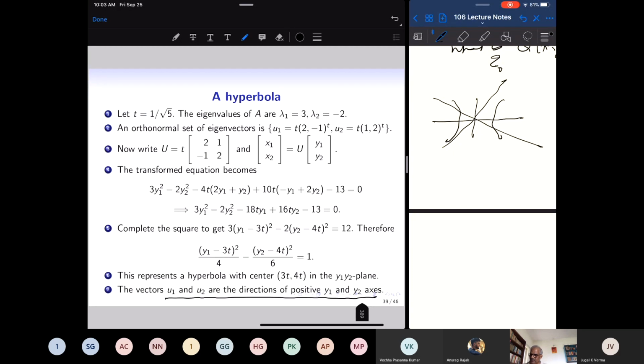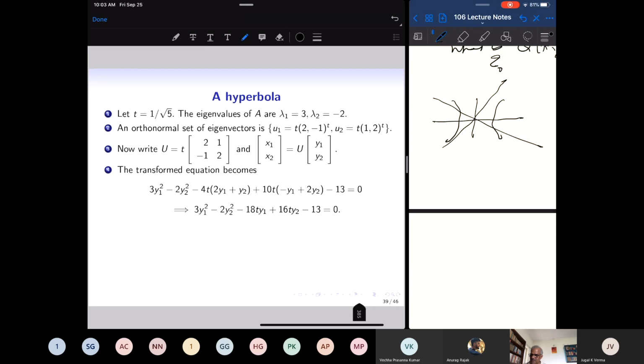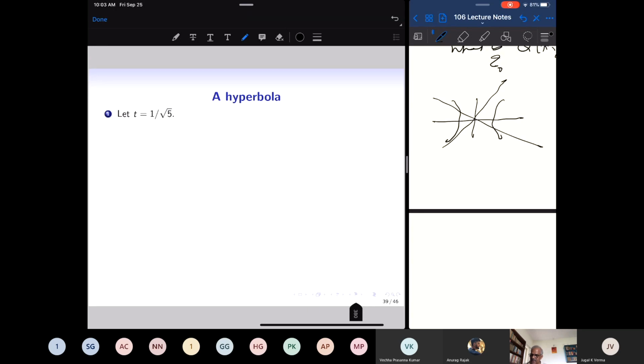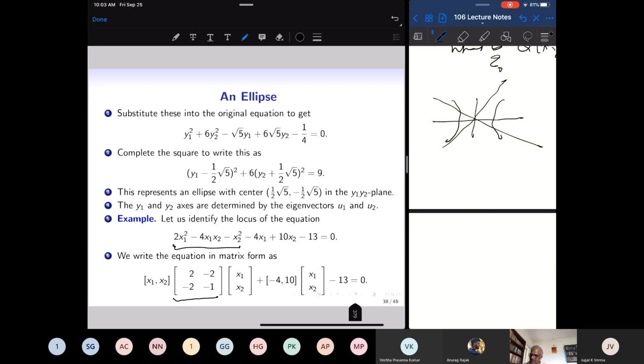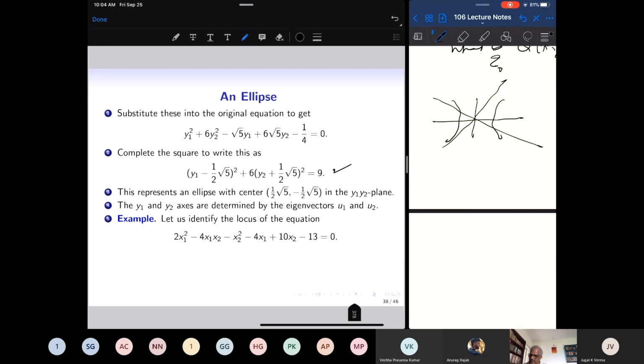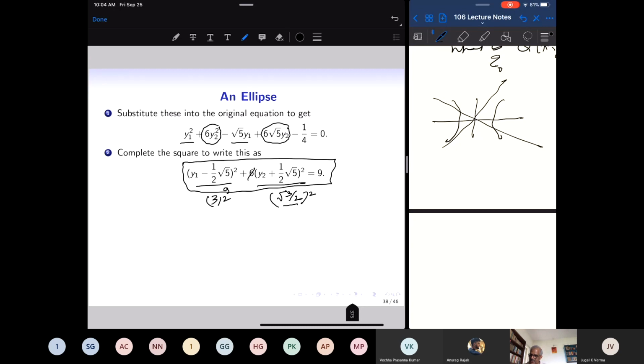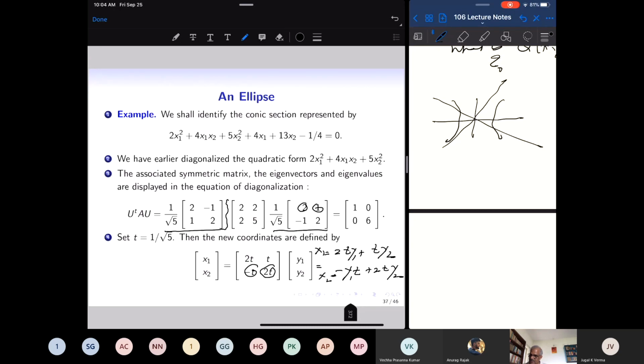Remember, the eigenvalues here were 3 and minus 2, and they had opposite sign. So when eigenvalues were of opposite sign, I got a hyperbola. But in the case of the ellipse, what were the eigenvalues? They were 1 and 6, I determined this earlier.